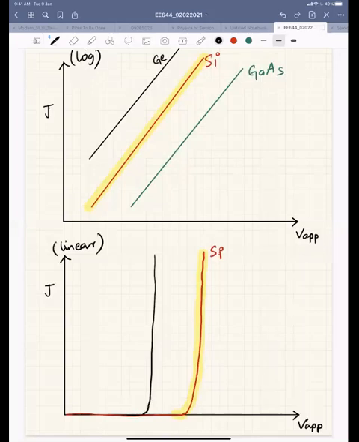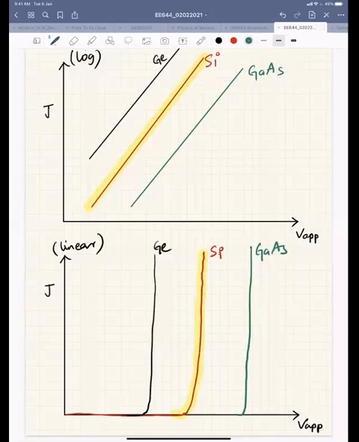This is for germanium, and for gallium arsenide it will be like this.